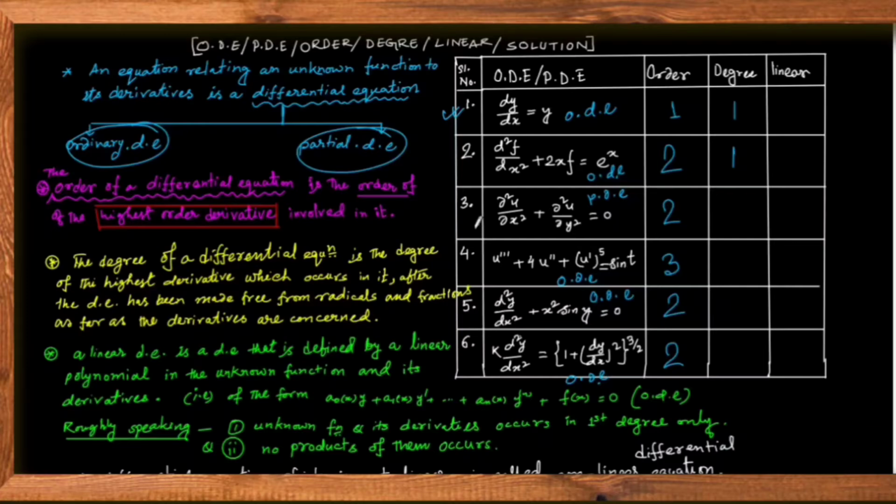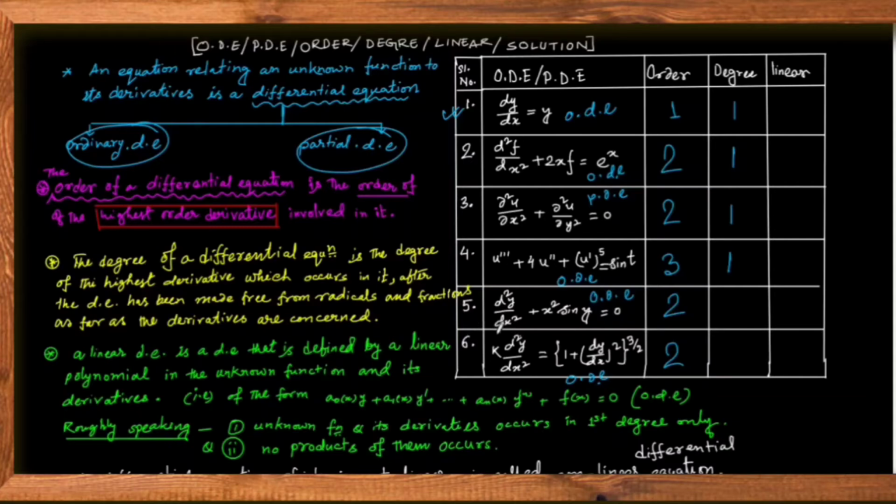For the third example, here both are second order partial derivatives and whose power is 1. So the degree of this equation is 1. For the fourth equation, here again the highest order derivative is u''' and whose power is 1. So degree is 1.